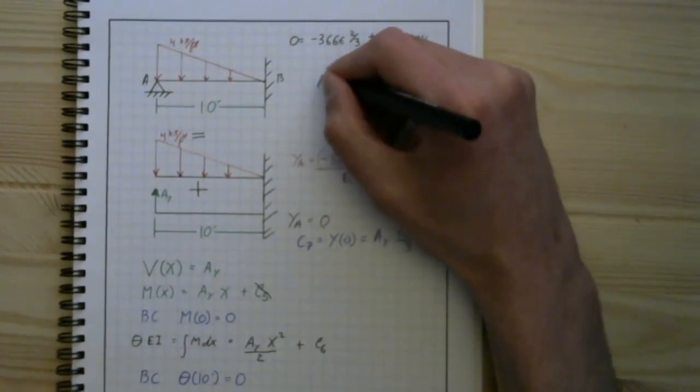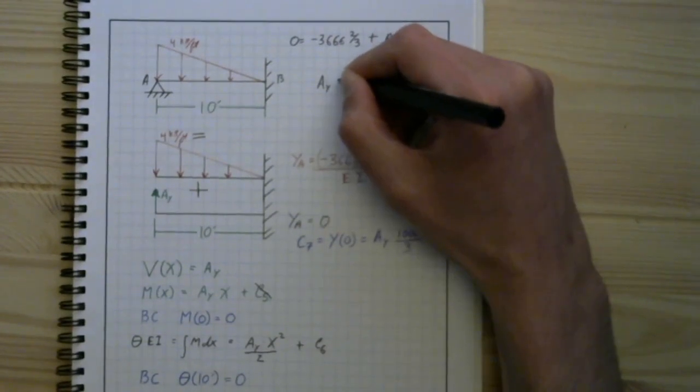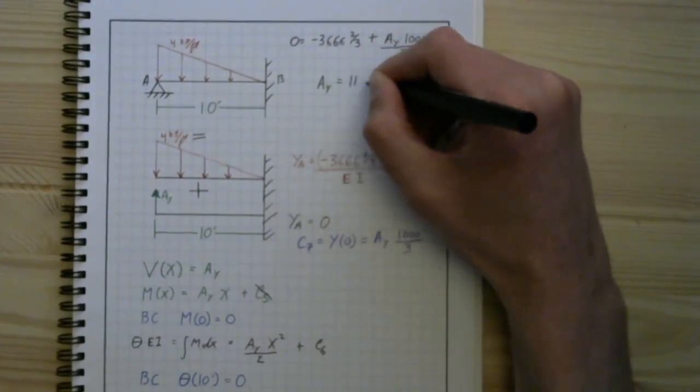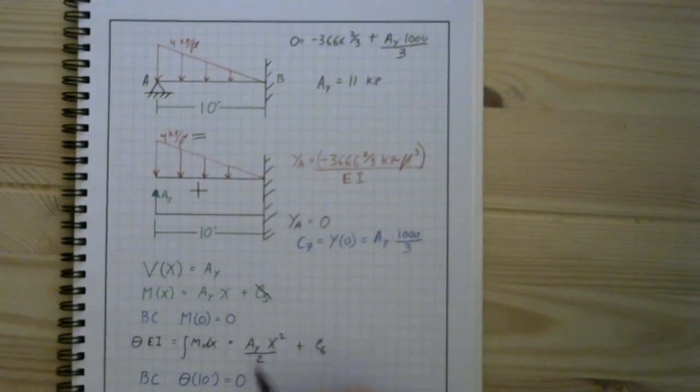Solving that all out, we're going to get reaction AY is equal to positive 11 kips.